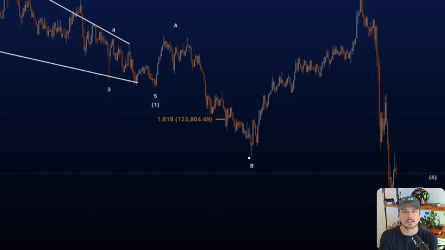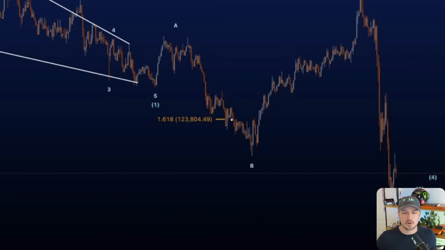Minimum target for a flat is the 0.9. Generally, the 1.618, currently sitting here at 123.8K, is seen as a soft invalidation, because in the end a wave B of a flat doesn't necessarily have a hard invalidation, but the 1.618 is seen as a soft invalidation. You hit the 1.618, you're not actually looking at a flat anymore, at a wave B or a wave X.